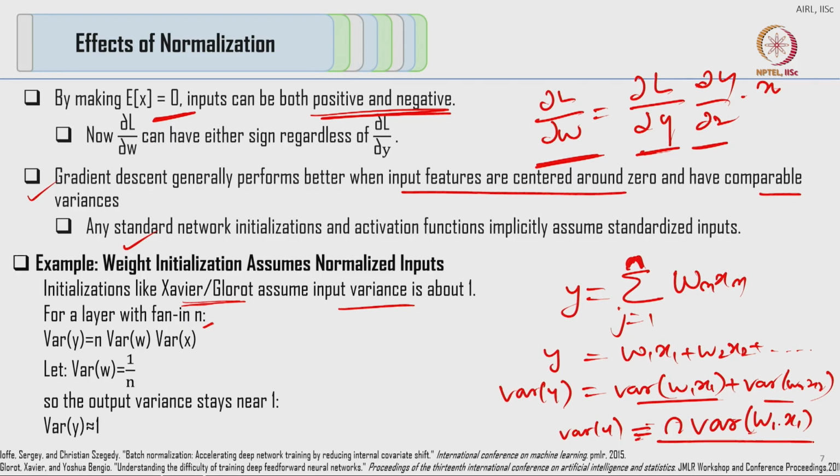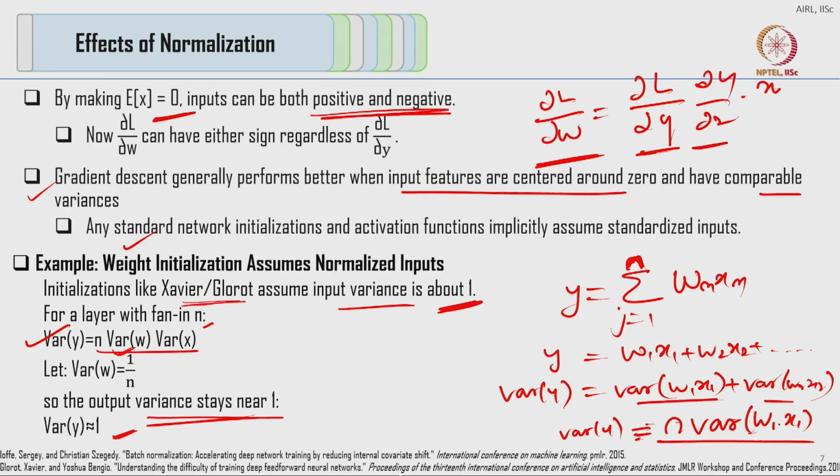Now this can further be broken down into variance of y is given as n times variance of w times variance of x. Let us assume that the variance of w is 1 by n. If that happens, then the output variance becomes something closer to 1. So the input variance was 1 and the output variance is close to 1.